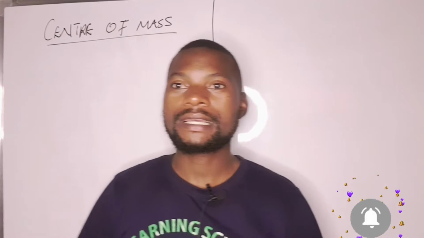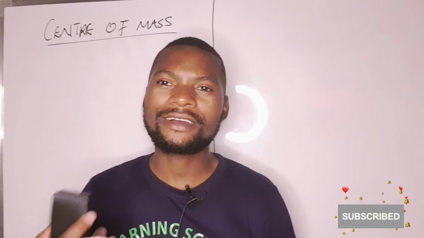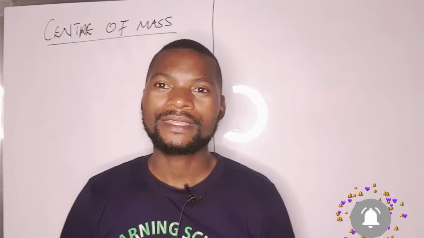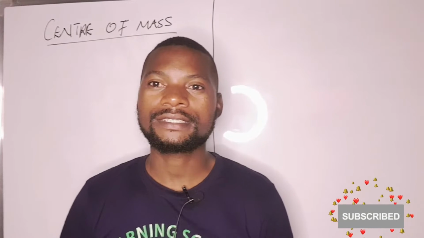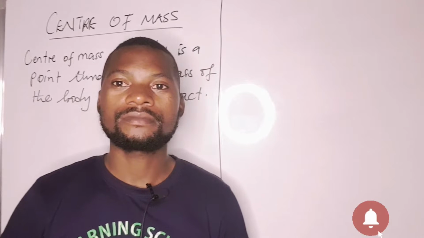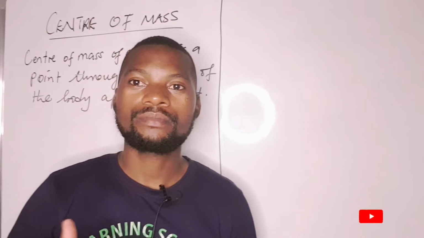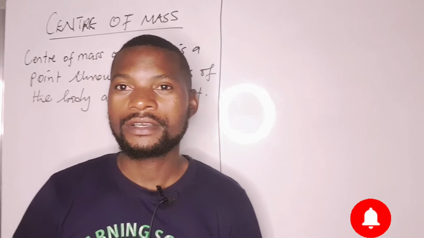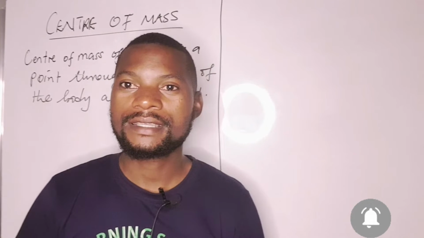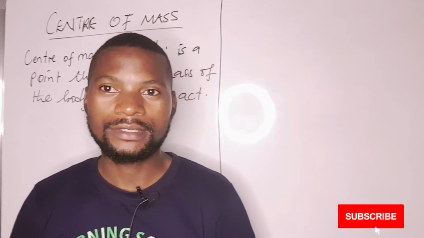So basically in this lesson, I'm going to talk about the center of mass of an object and as well as the stability of an object. So center of mass is a point through which the mass of an object or the mass of a substance appears to act on.